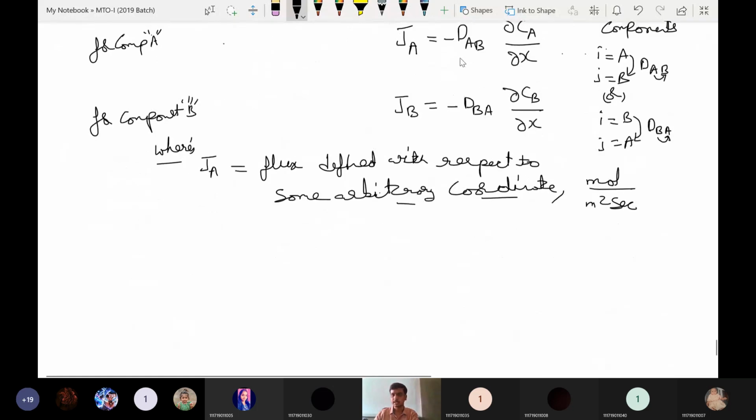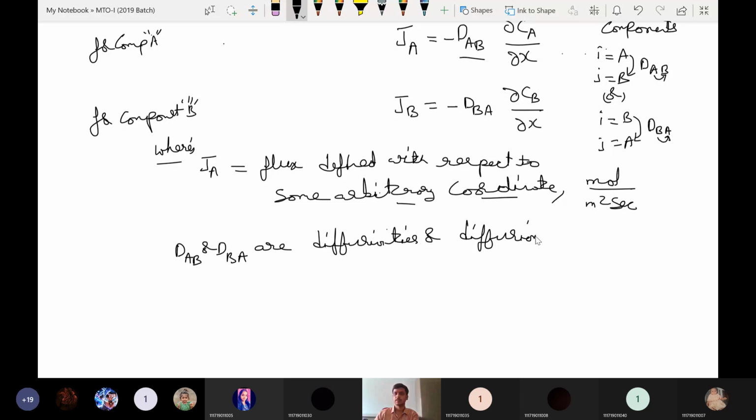Then the next one is D_AB, or together we can say D_BA, the diffusivities or diffusion coefficients, whose units will be meter square per second.